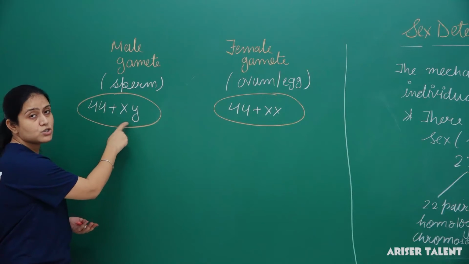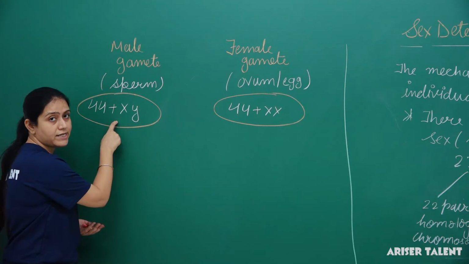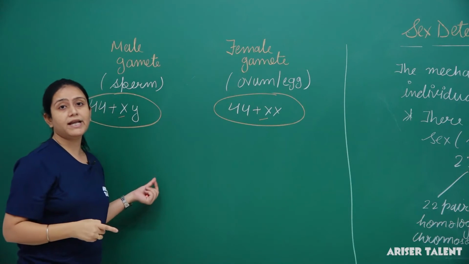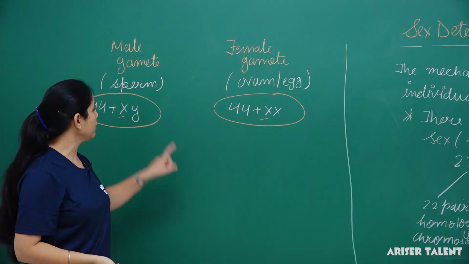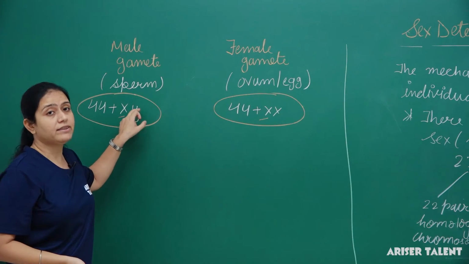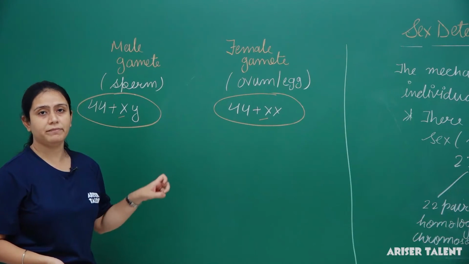The male gamete has two types of chromosome, one is X and another is Y. This X is common in both male and female, but the difference is this Y. This Y will determine whether it will be a baby boy or baby girl.